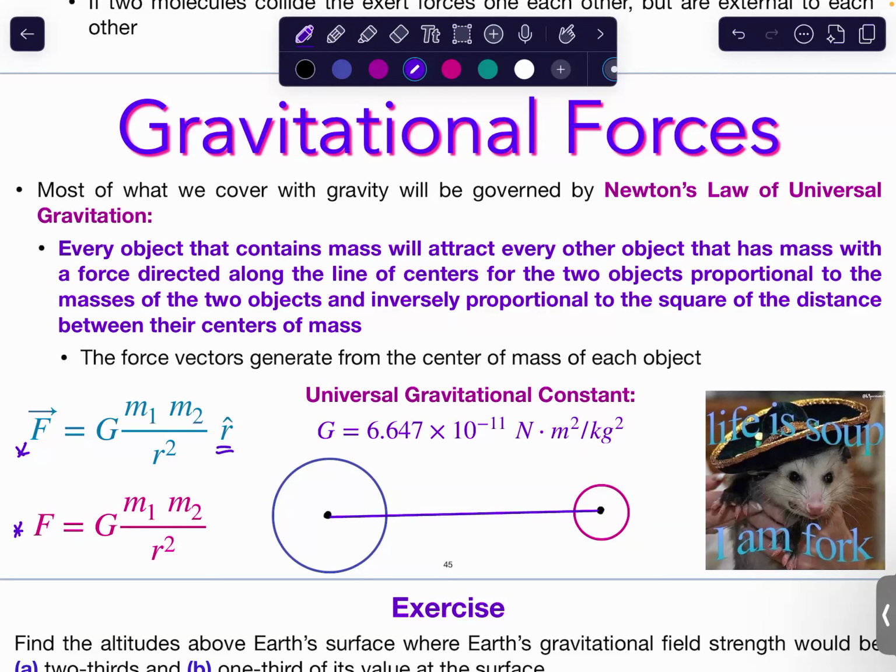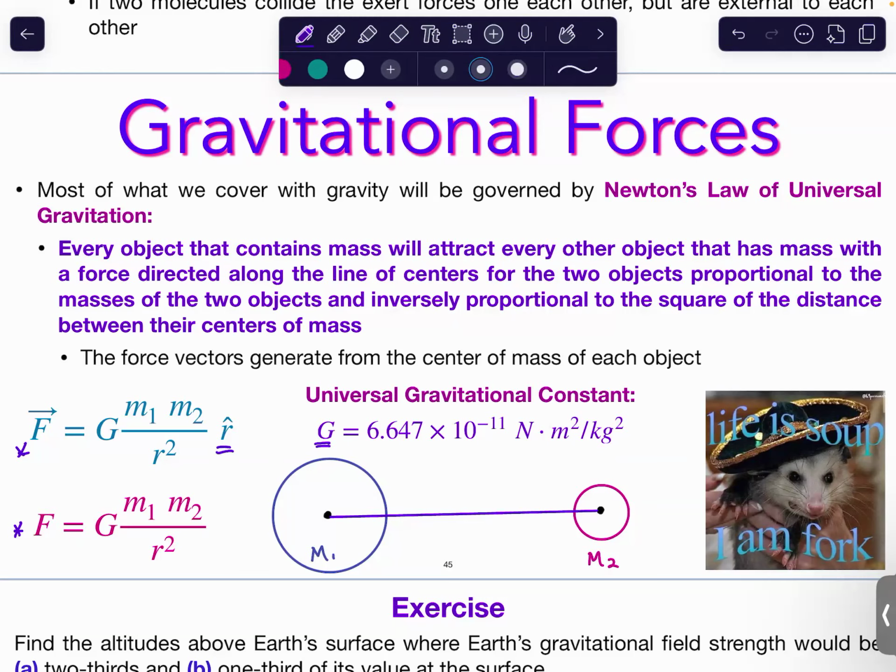Also notice that we have the universal gravitational constant that'll come into play. These two masses are going to produce gravitational forces on each other. So we have mass one, mass two, and the gravitational forces.